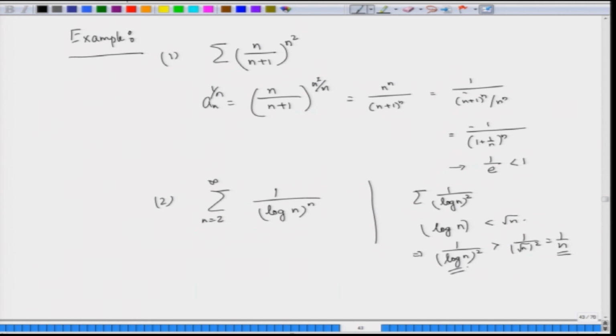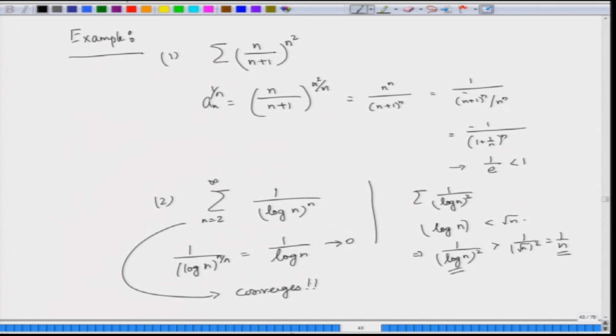But what about this? Now, if we look at the root test, (1/(log n) to the power n) to the power 1/n is equal to 1 over log n, which converges to 0. So, this series converges.